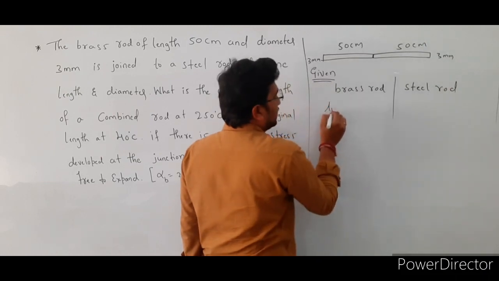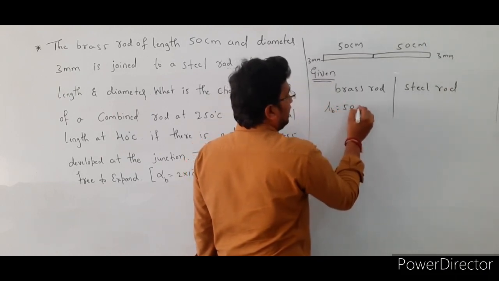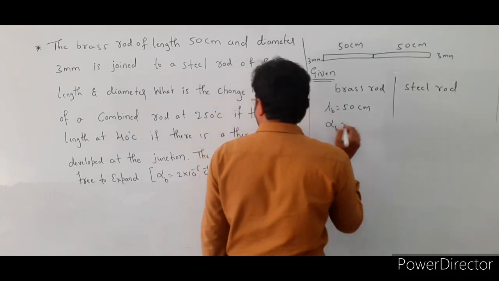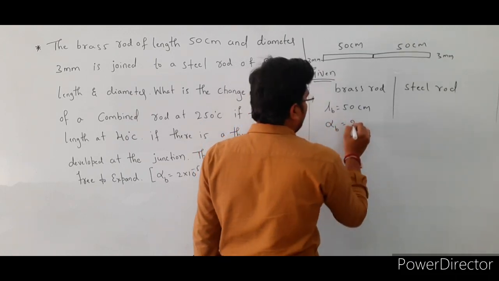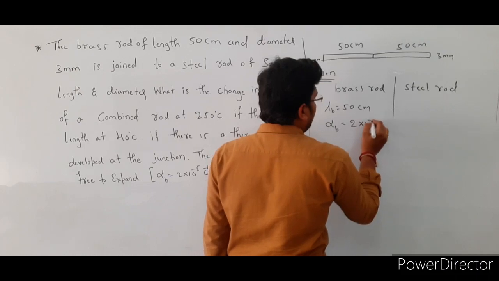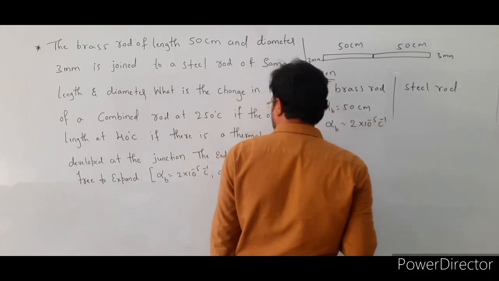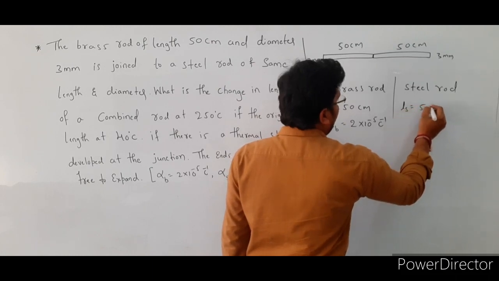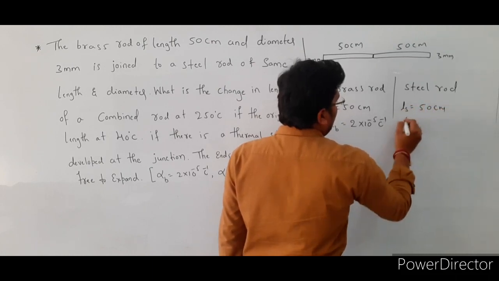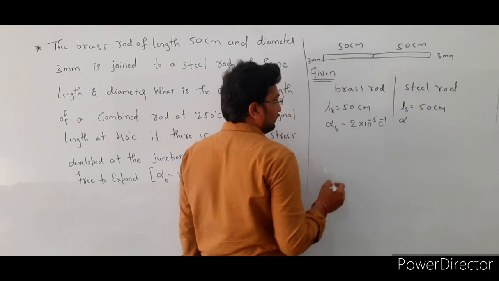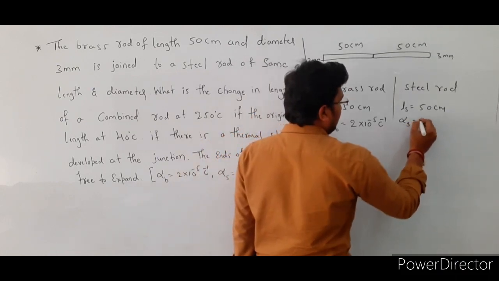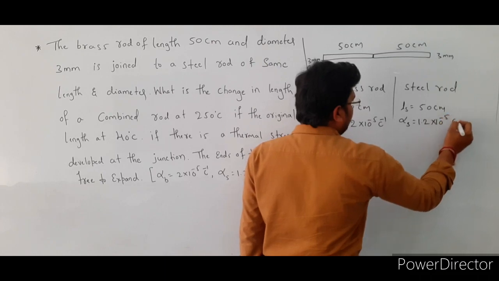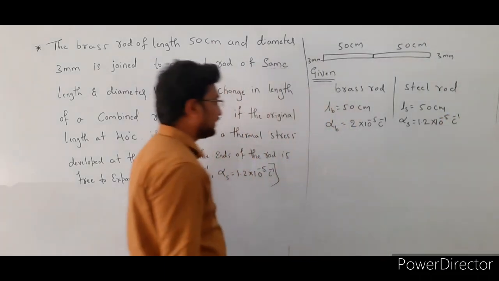The length of the brass rod is 50 centimeter and alpha for brass is 2 into 10 to the power of minus 5 per degree Celsius. The length of the steel rod is 50 centimeter and the coefficient for steel is 1.2 into 10 to the power of minus 5 per degree Celsius.